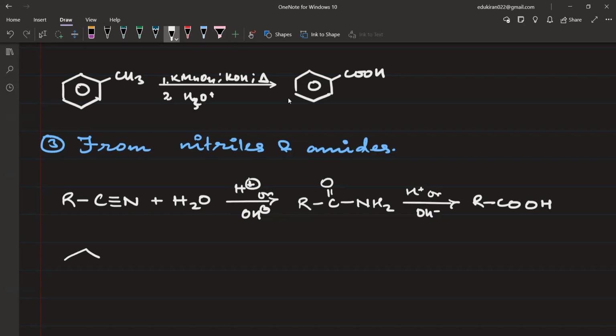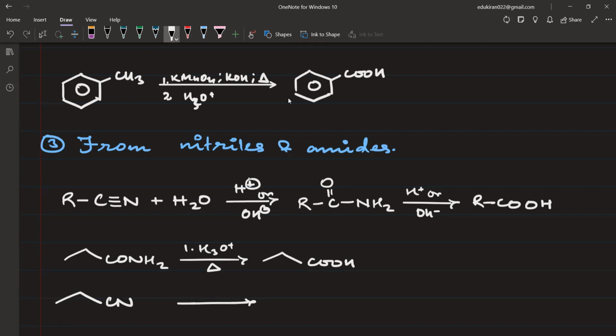So basically, if you have CONH2, H3O plus and heat, then you are going to get COOH. Similarly, if you have C≡N, plus, in the second step also you have H plus and heat, then you are going to get COOH.